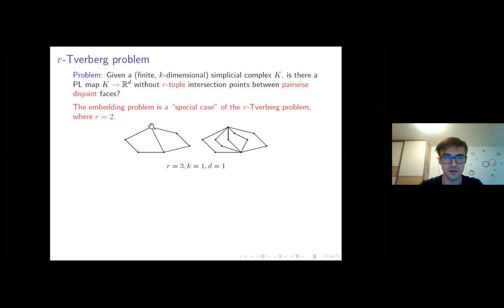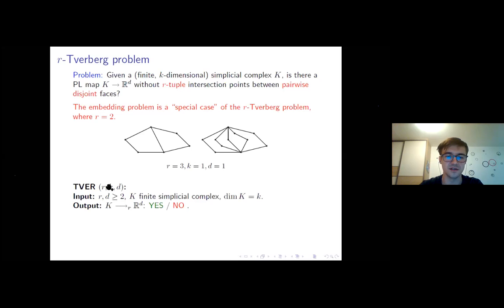So if I project alongside this edge, there will be a triple intersection, but not between pairwise disjoint faces. So this will actually work. And you can check for yourself that the other one is impossible in this setting. So the pairwise disjointness conditions actually play a role. Now, if I were to subdivide this face many more times, this would probably cause some issues. But that's just for the visual, what you can imagine.